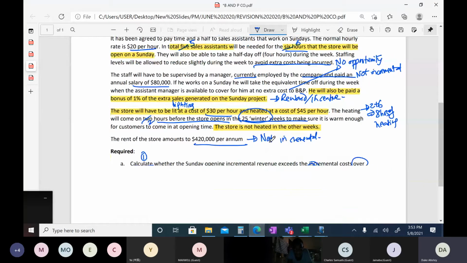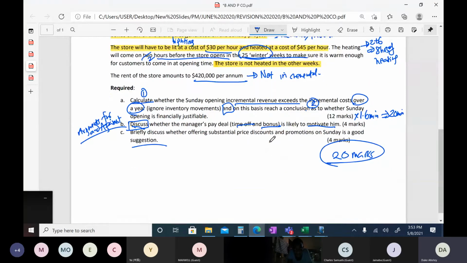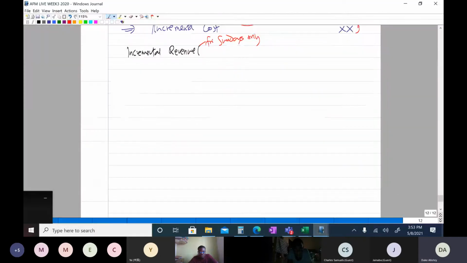And don't forget, it says work this over a year. This is important, over a year. So annual basis. So I'm going to work it out for a whole year. I'll work out incremental revenue. Okay, so let me say I put that there. Then against incremental cost.